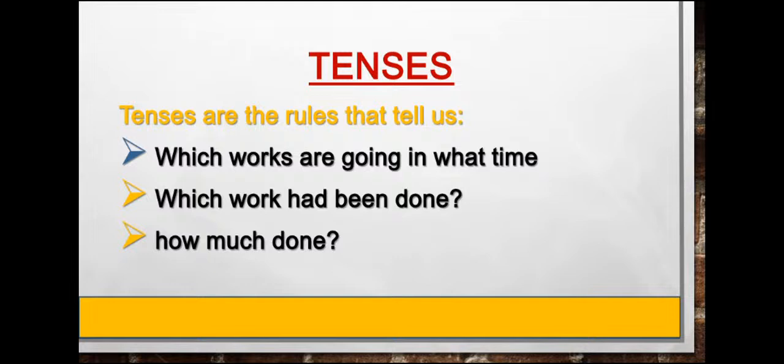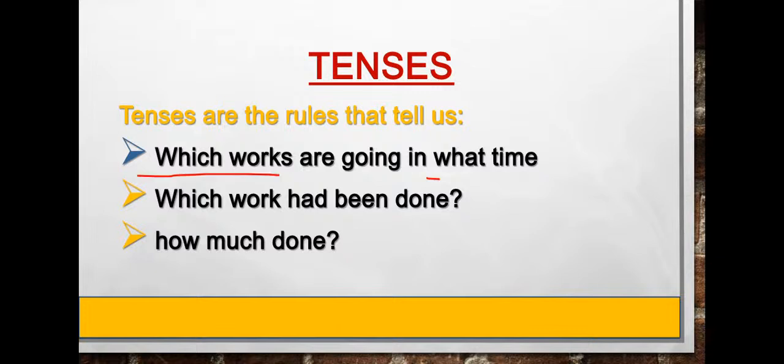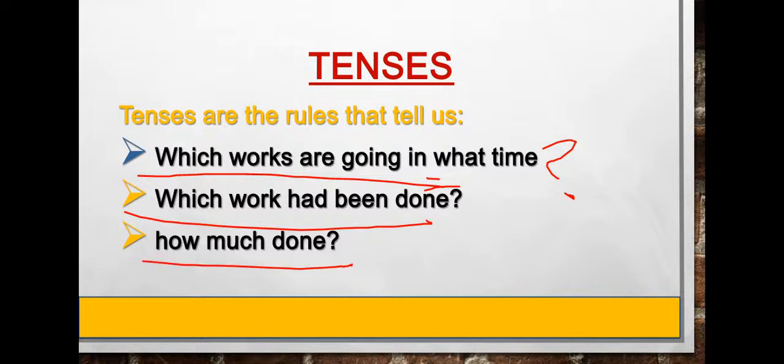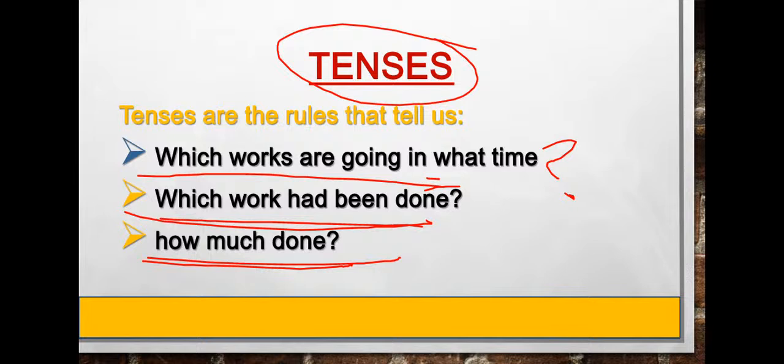Actually, there are more things, but right here we are talking about three things: which work is going on and at what time, which work has been done, and how much is done. Everything about what has been done so far, what was the action. Ladies and gentlemen, this is what tenses tell us about.